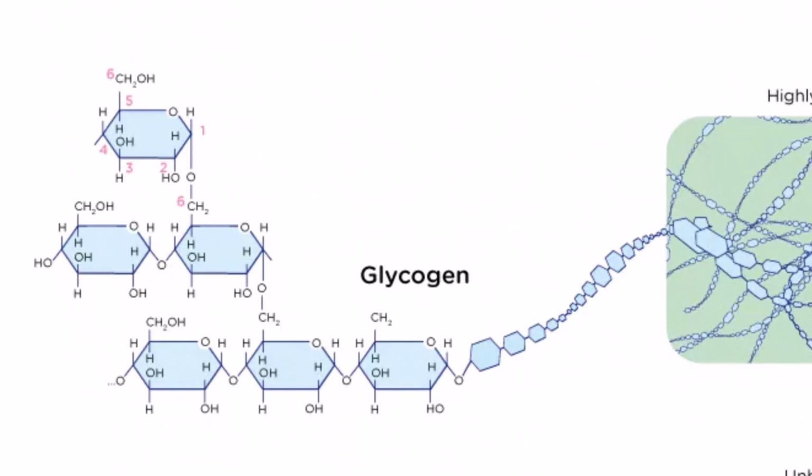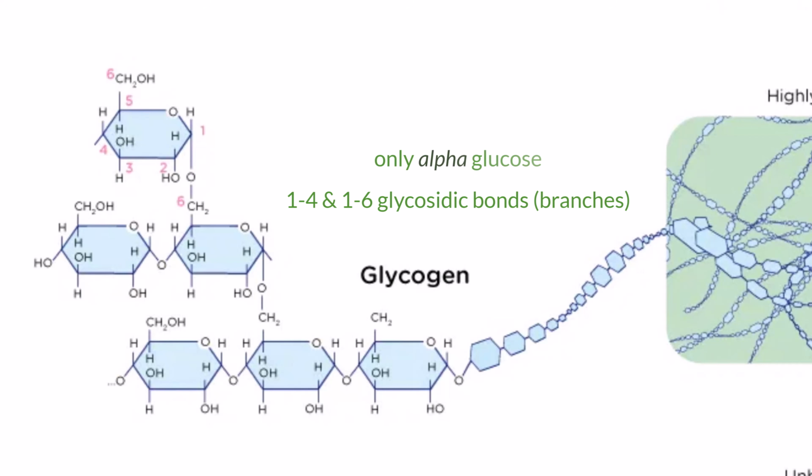Next up, we have glycogen, which is similar in structure to amylopectin, but it tends to branch more and is created inside the body of an animal. This structure, because it branches, also contains a combination of 1,4 and 1,6 glycosidic bonds. In addition, you should be able to deduce that only alpha glucose is used to create this structure, not beta glucose.